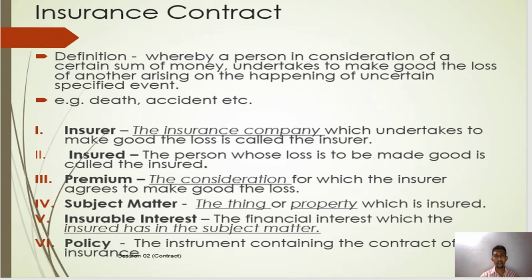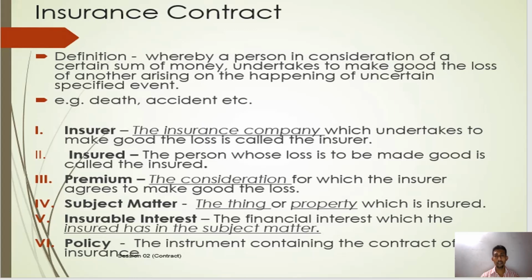So move on. An insurance contract has a couple of sections or elements. So it's defined as whereby a person, in consideration of a certain sum of money, undertakes to make good the loss of another arising on the happening of an uncertain, specified event. I'm repeating, whereby a person in consideration of a certain sum of money.